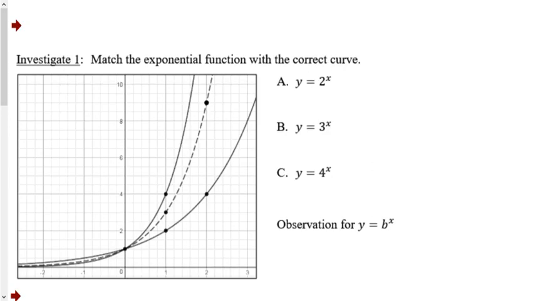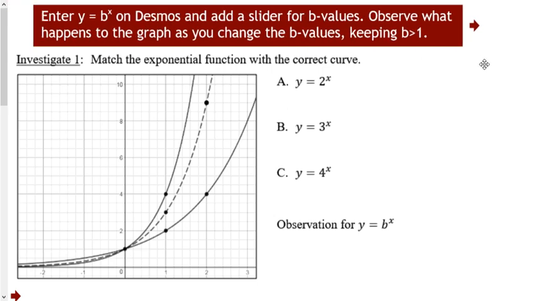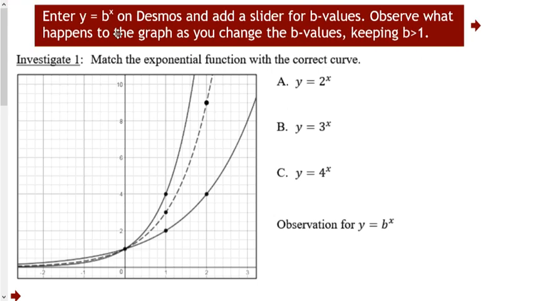So here on this page, I'm going to have you do some investigating. What I would like you to do is enter y equals b to the x on Desmos and add a slider for b. So the b values you'll be able to change. x is going to be values along the x-axis here. Observe what happens if you change the b values.